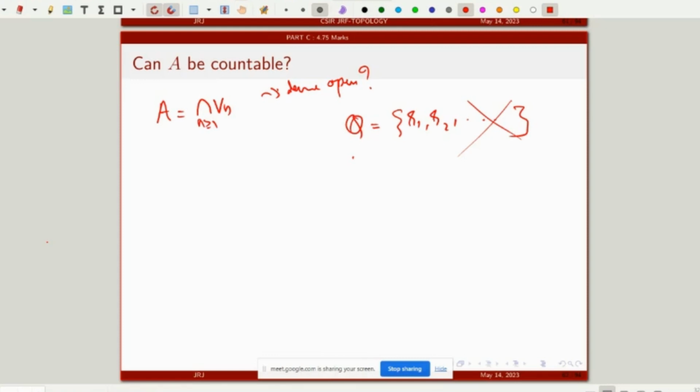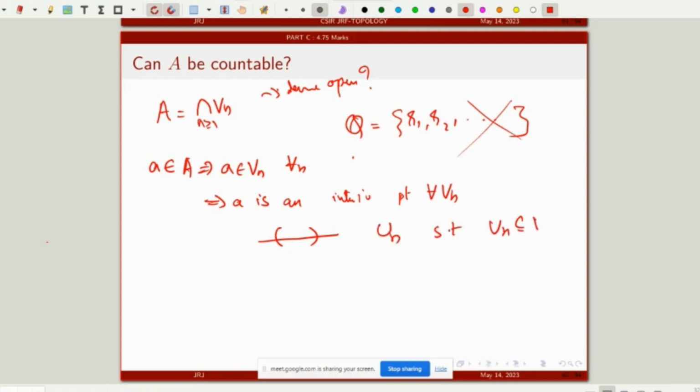But that interval need not be contained in the other Vn's, so that interval need not be there in A. If a belongs to A, it implies a belongs to Vn for all n, so a is an interior point of all Vn. So there exists a neighborhood of a, say Un, such that Un is contained in Vn. But this intersection of Un's need not be open. So this argument will not work.